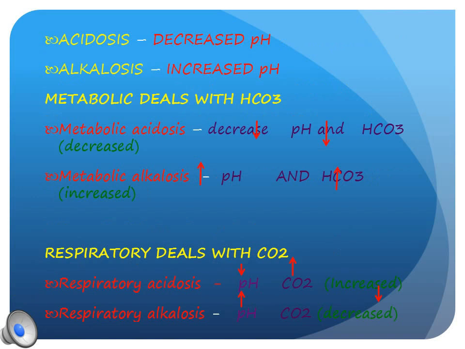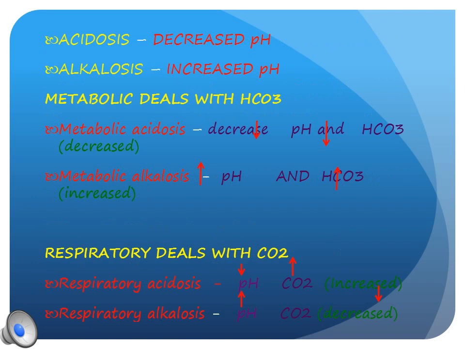So metabolic acidosis means the pH is decreased, and the HCO3 is decreased because HCO3 is a base. And metabolic alkalosis means the pH is increased, as alkalosis increases the pH, and it also increases the base part, that is HCO3.